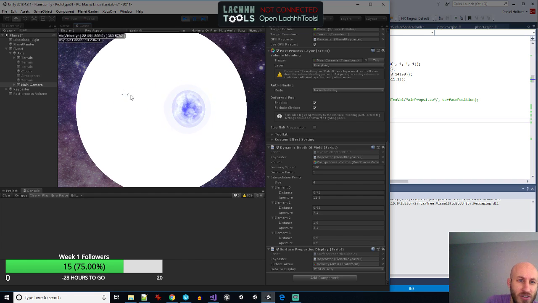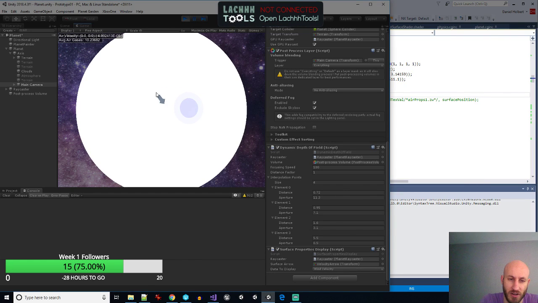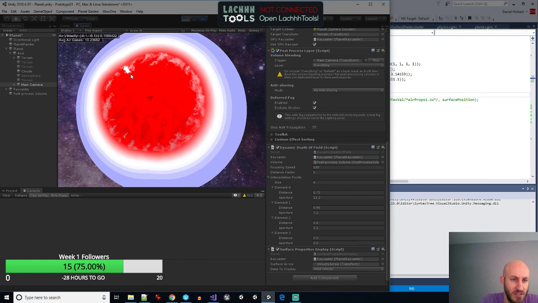Right now there are these crazy high wind speeds on the planet, and that's messing some stuff up. The volcanoes are creating such crazy pressure differences.